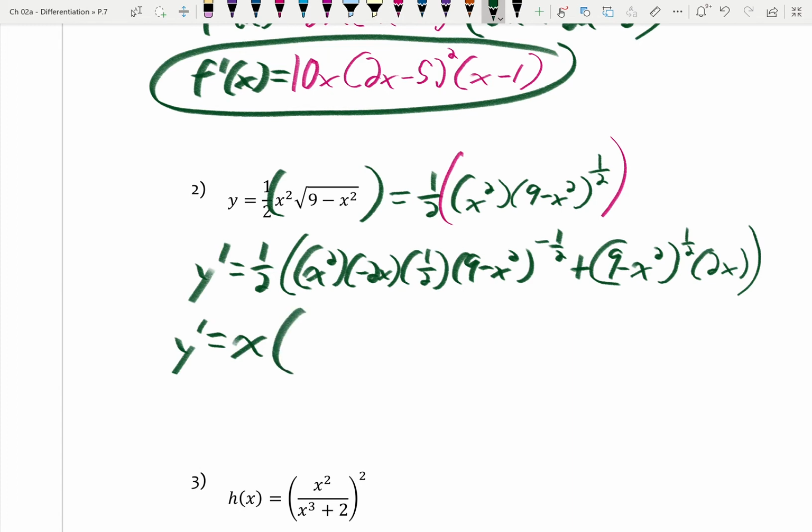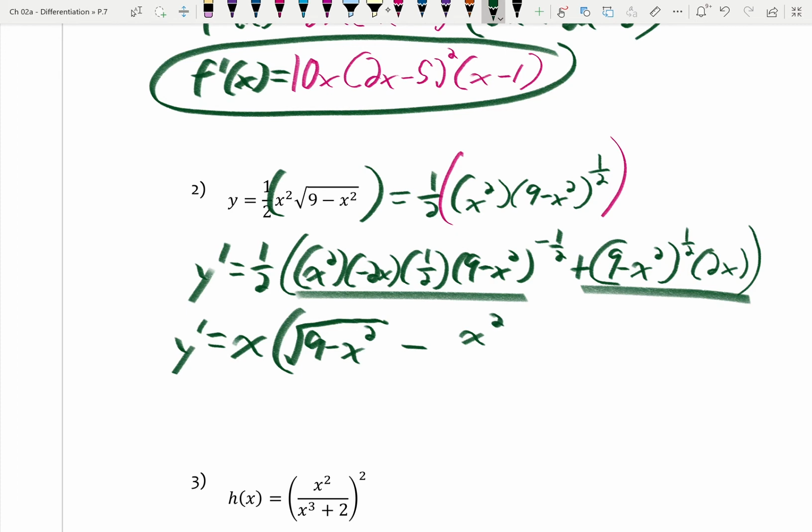I'm also going to flip the order of these two terms, because one of them is minus and I want that second. So I've got 9 minus x squared to the 1/2, which I'll write as a radical, minus x squared in the numerator, with a lingering 2 in the denominator and a radical 9 minus x squared.